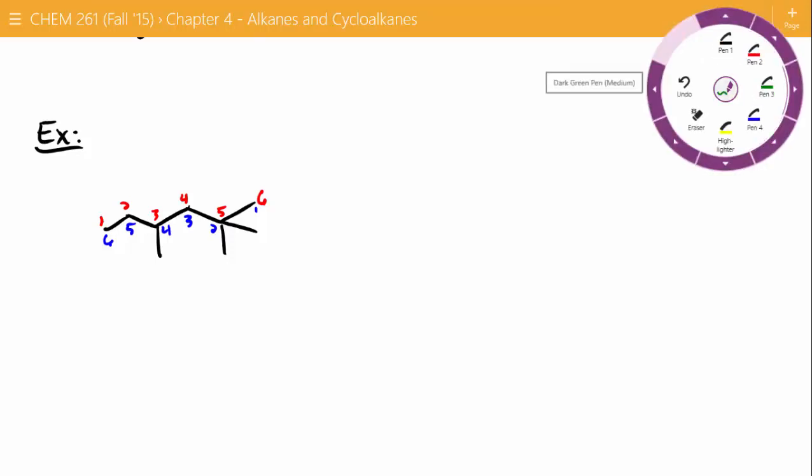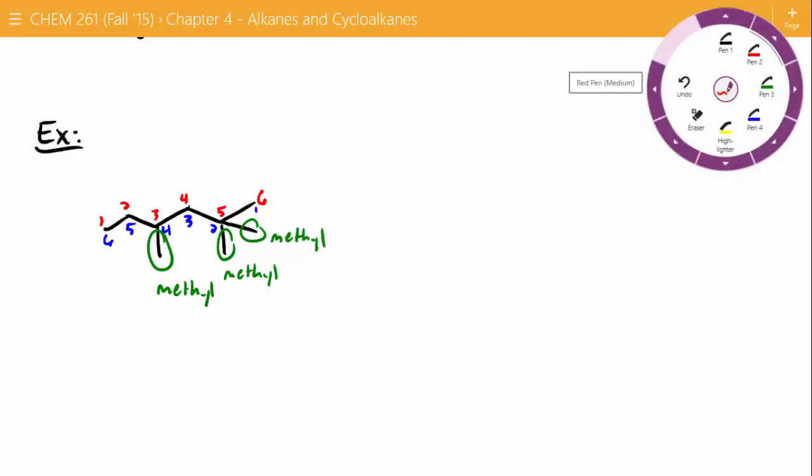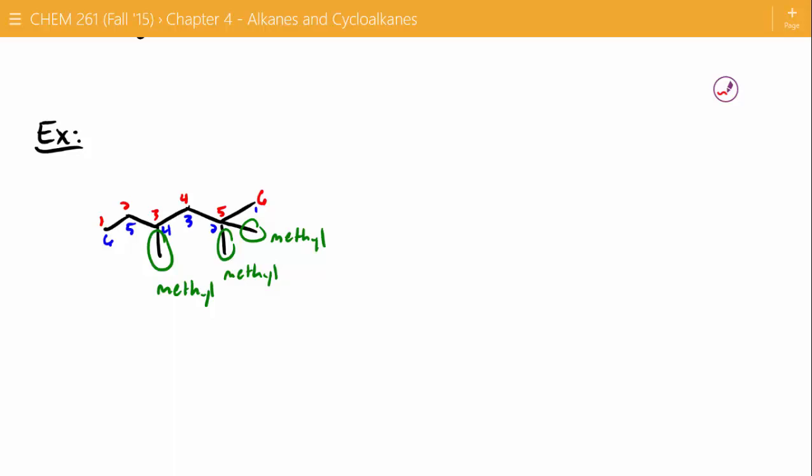All right, so we've numbered our backbone. We've got a substituent coming off of here. What's that called? Methyl. We've got substituents coming off of here. They're both methyls. And we've got a substituent coming off of there. All right, so if we're using our red nomenclature, this would be 3, 5, 5, indicating we've got methyls coming off the 3 position once and the 5 position twice.